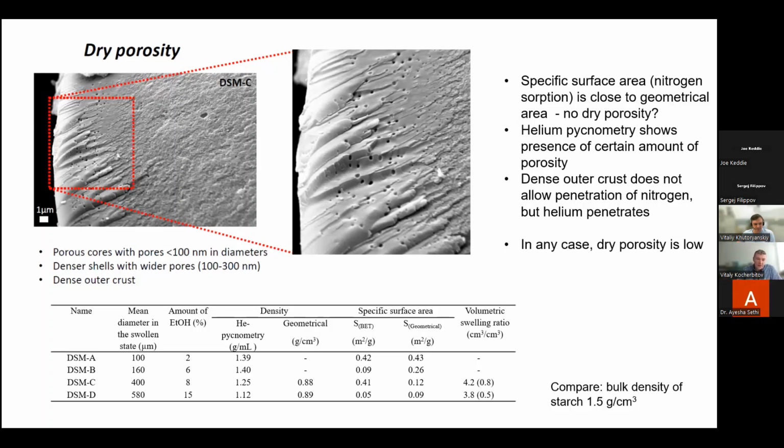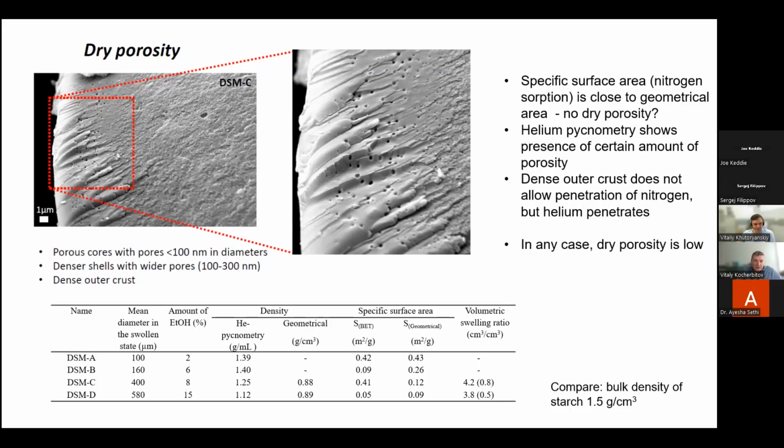On the other hand, if you do helium pycnometry, helium being a gas which has much smaller molecules compared to nitrogen, we actually see a different trend. With helium, we don't determine the area, but rather the volume and the density. We see that the difference in the density is substantial compared to the geometrical density shown here, which suggests that the particles are porous.